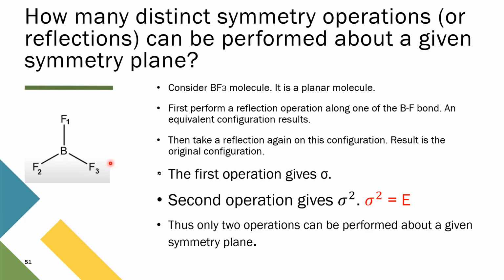So the first operation gives you sigma, the second operation gives sigma squared, and sigma squared gives you the identical molecule, which is an identity operation. So in a given molecule, only two operations can be performed about a given symmetry plane. So sigma squared equals identity for a given symmetry plane. Is it clear?